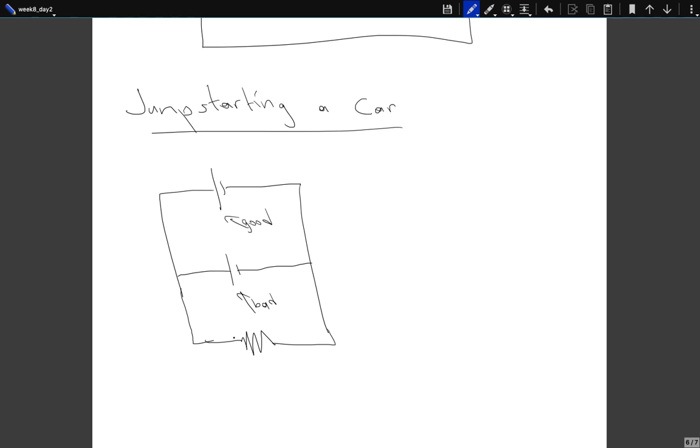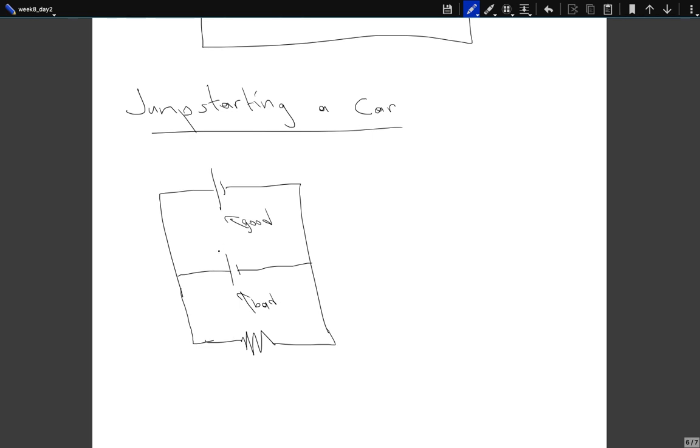Now, what does it mean to have a bad battery? Any ideas? It doesn't have to be a car battery. It can be a bad battery in your cellular phone. It ran out. What does it mean? The potential is lower than what is necessary.